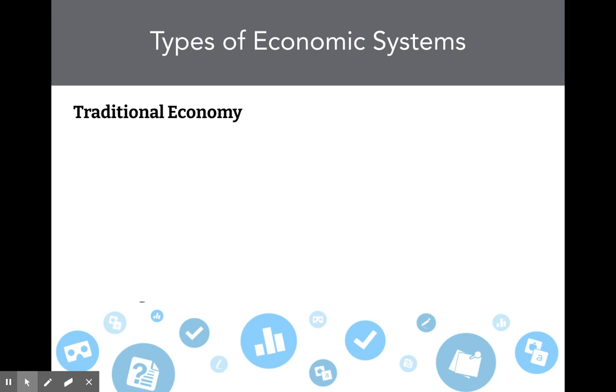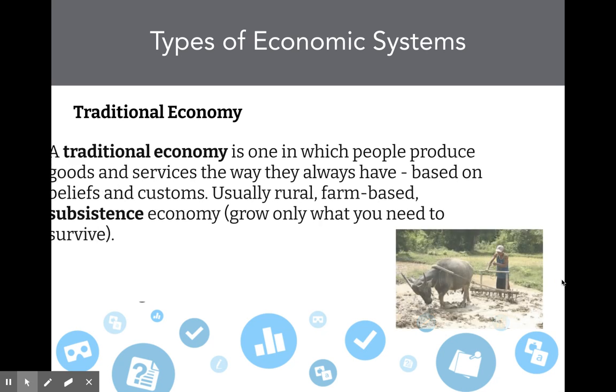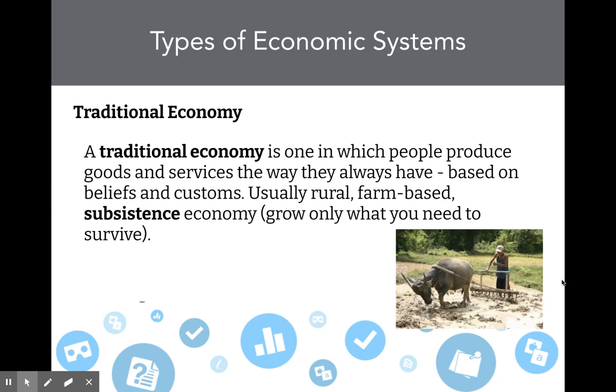For example, what's a tradition in the United States? Standing for the Pledge of Allegiance. That's a tradition. Okay, so a traditional economy is one in which people produce goods and services the way they have always done it, based on their customs, could be based on their beliefs.